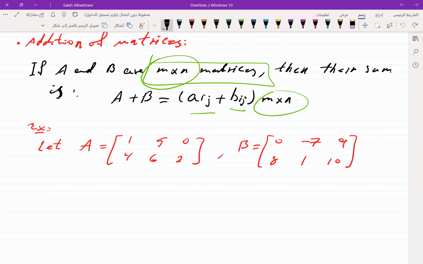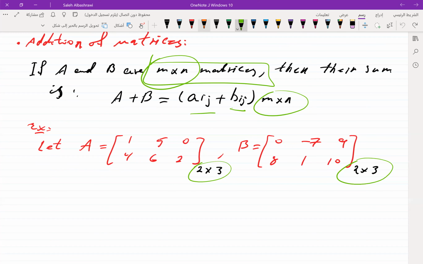The size of the first matrix is 2 rows and 3 columns. The size of the second matrix, also, we have 2 rows and 3 columns. So you can see that both of them have the same size.